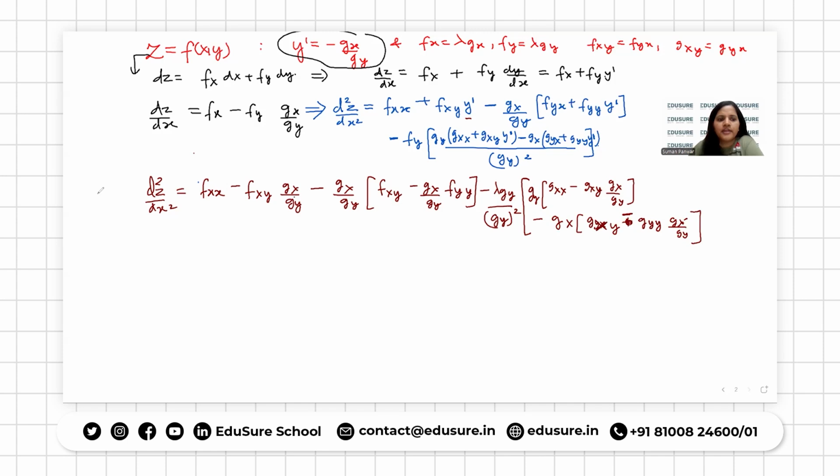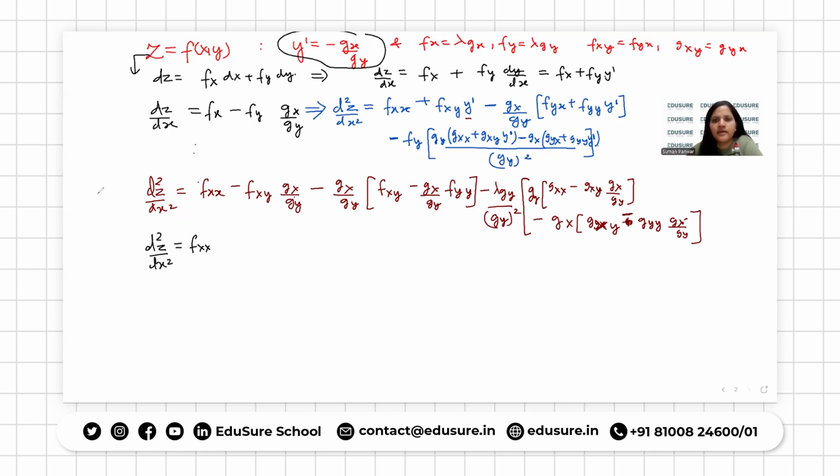So d2z by dx2 is f of xx. Okay. And then we have this thing. Let us again cross-check the calculations. This is f of xx minus f of xy gx gy minus gx by gy f of xy.